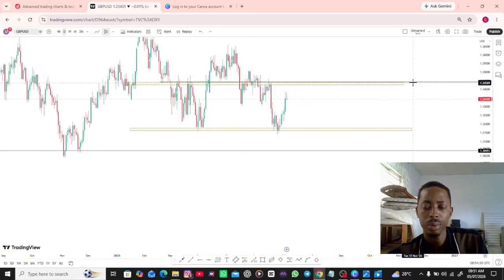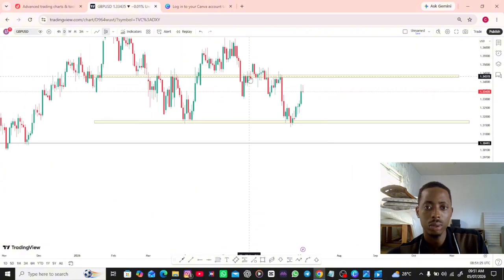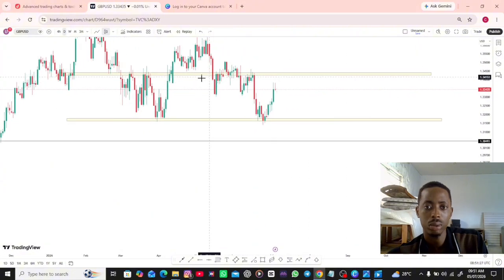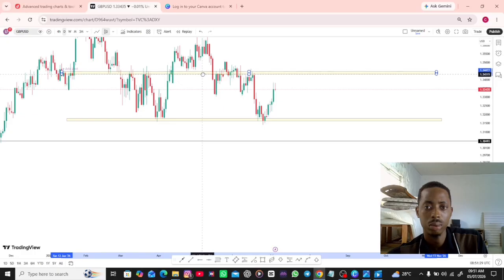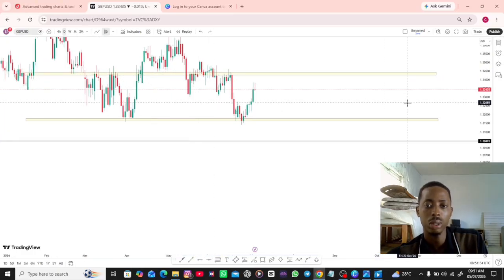Yep, that's it. Go ahead and shift it for it to accommodate all this hole here.